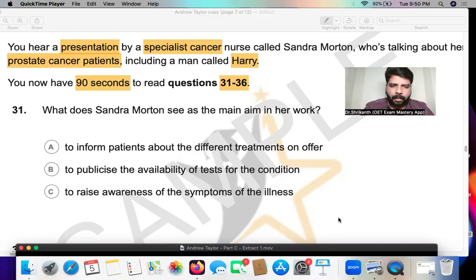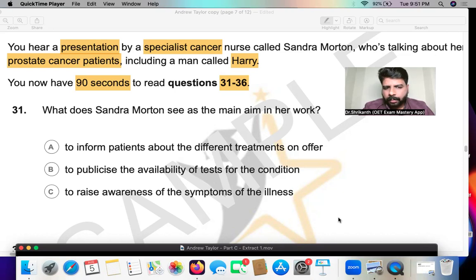My name's Sandra Morton, and I'm a specialist cancer nurse, helping cancer patients deal with their diagnosis and treatment. I'd like to tell you about the type of work I do, and particularly about one of my patients, recently diagnosed with prostate cancer. Let's call him Harry, to illustrate the sort of things I get involved with. Now, before we get on to Harry, I'll give you a bit of background.